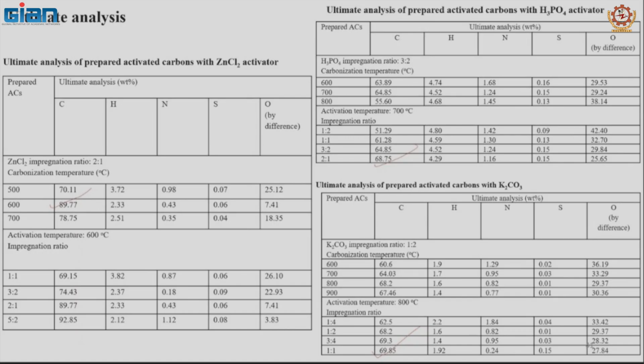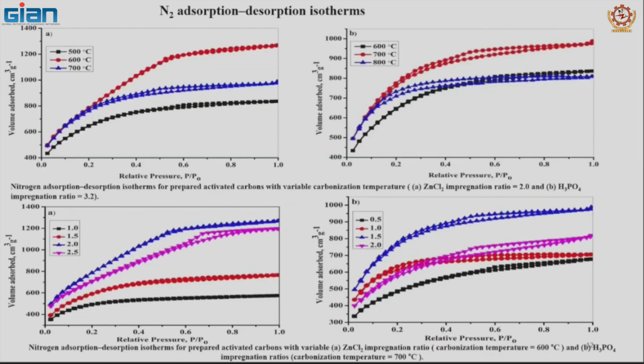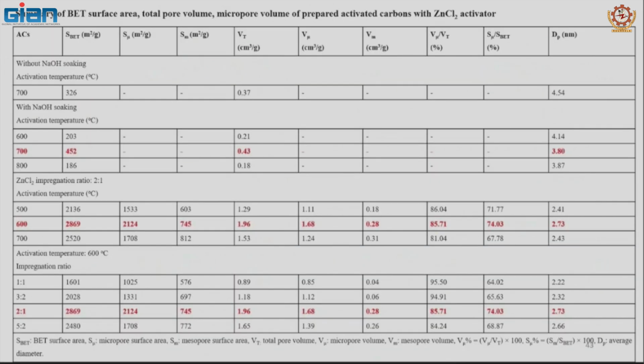Nitrogen adsorption desorption isotherm gives the information and the calculation of surface area and the pores. So that is shown here. The BET surface area analyzer, it is done. The summary of the BET surface area, the total pore volume, micropore volume, of the prepared activated carbon with zinc chloride is given here as you see.